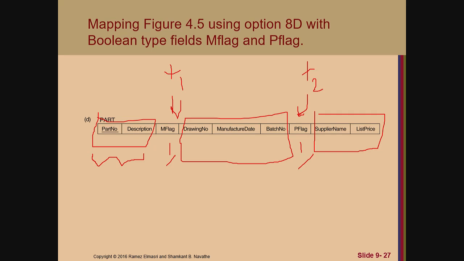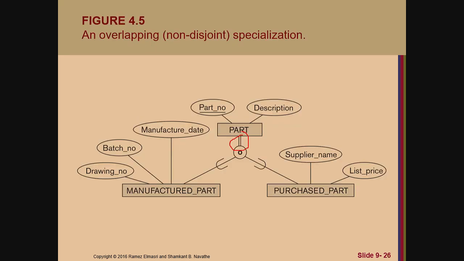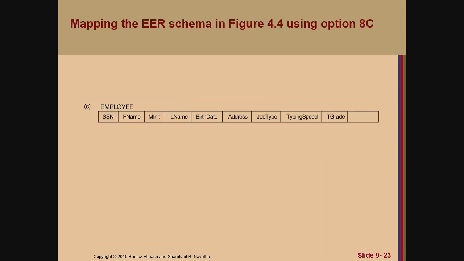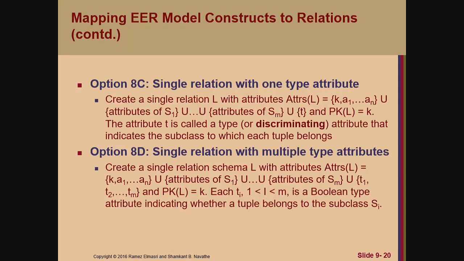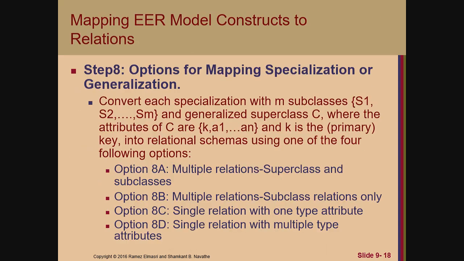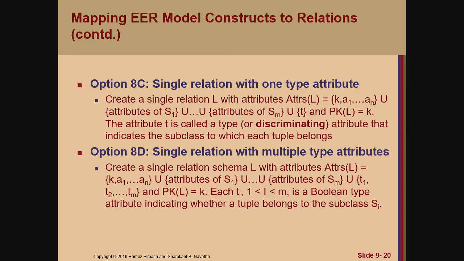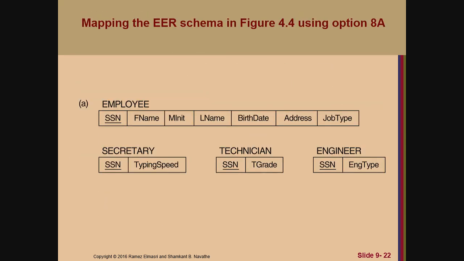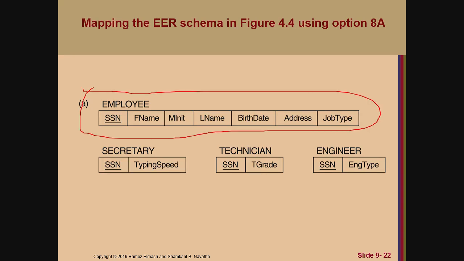Okay. Now, it shows how to map the specialization and generalization to relations. The first one, multiple relations, superclass and subclass. So there will be a table of the superclass, right?